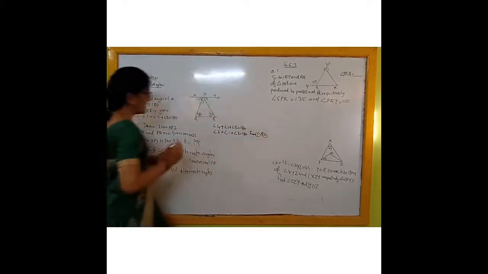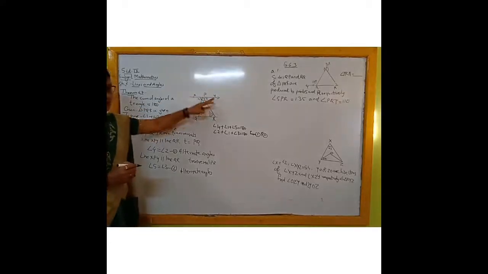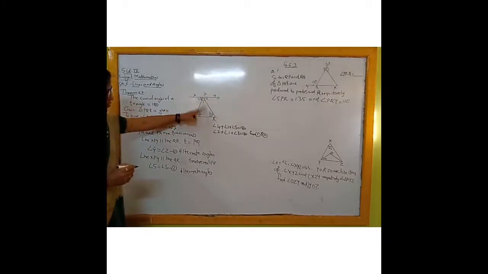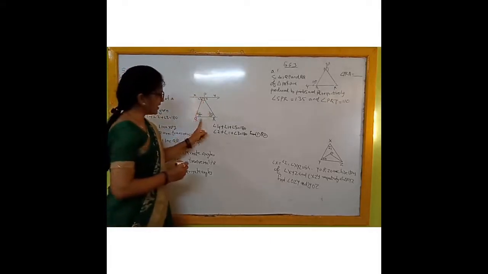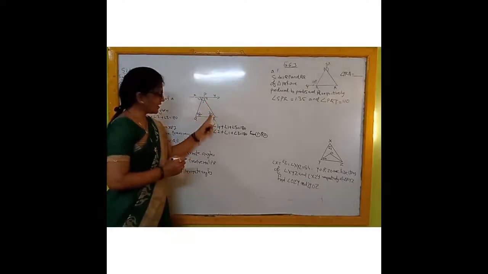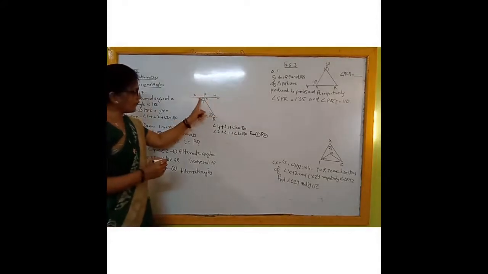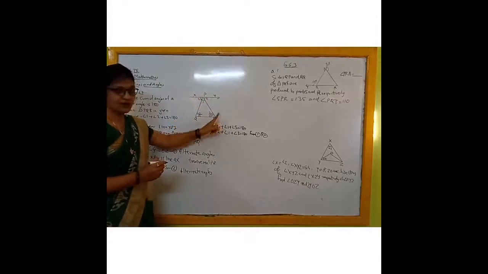So once again we will write: draw the line parallel to QR passing through P, that is line XPY. Now XPY is parallel to QR, transversal PQ. So angle 4 is equal to angle 2, alternate. Now line XPY is parallel to line QR, transversal PR. So angle 5 is equal to angle 3. Now as XPY is a line, angle 4 plus angle 1 plus angle 5 is equal to 180.